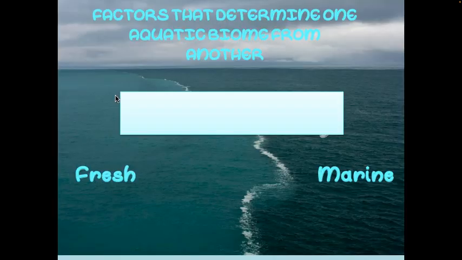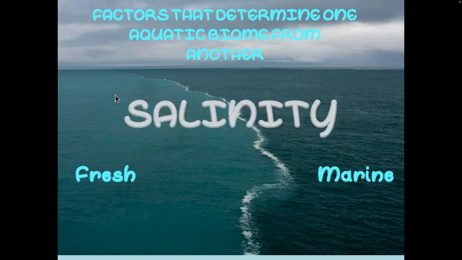So the factor that determines one aquatic biome from another is what? The factor that determines life existing in a marine versus a fresh biome is what? Salt. Good job.